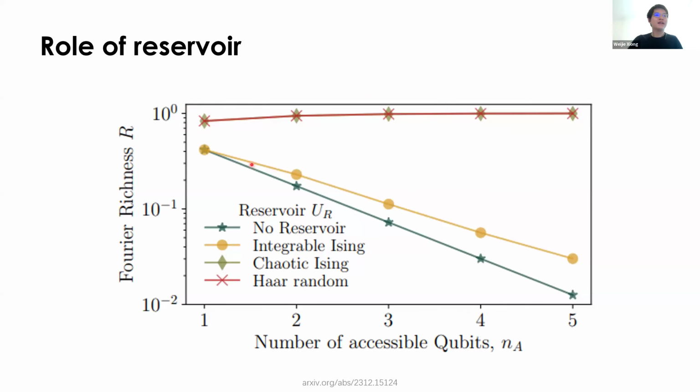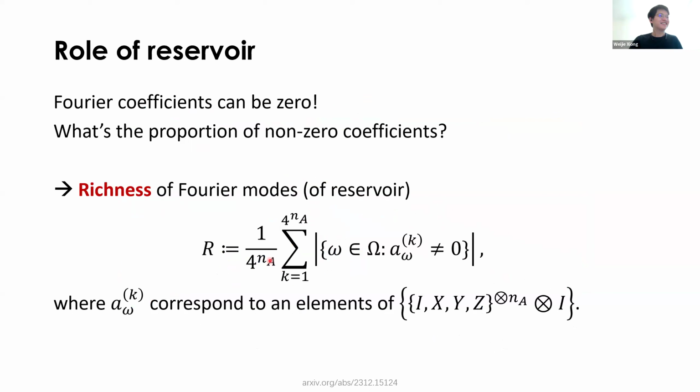But for reservoirs with poor dynamics, the identity reservoir as well as the integrable Ising model, they decay exponentially in system size. Remember that this 4 to the N_A is exponential in system size.